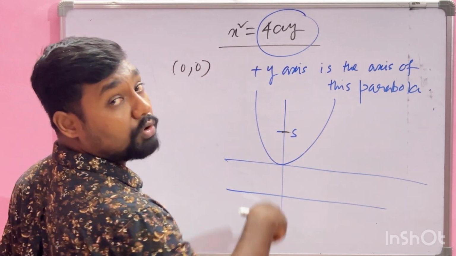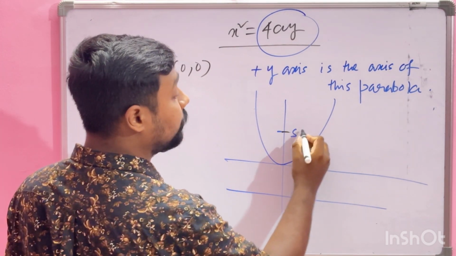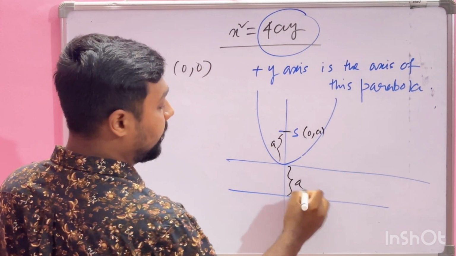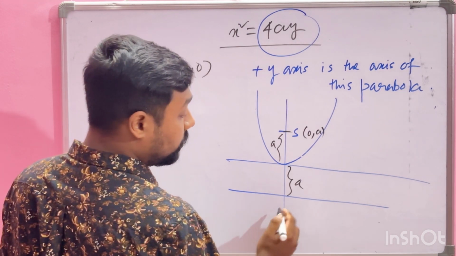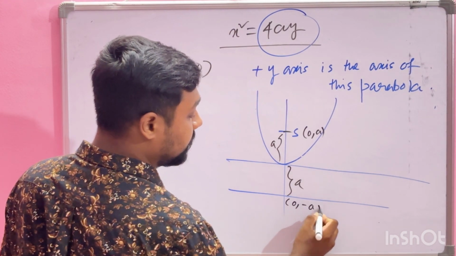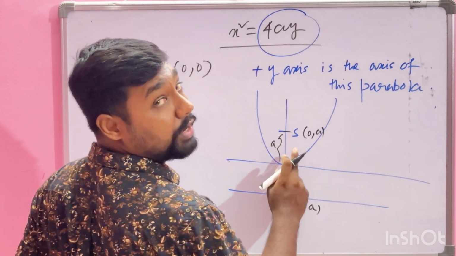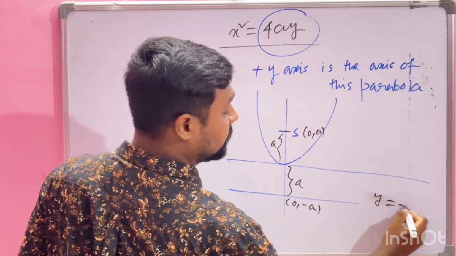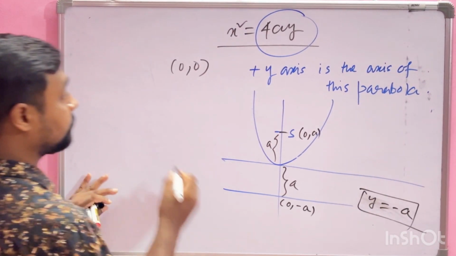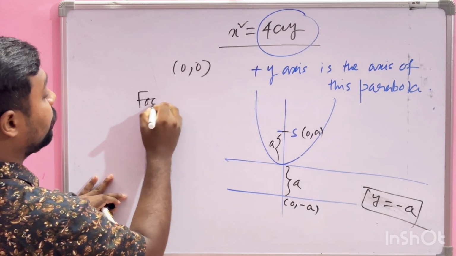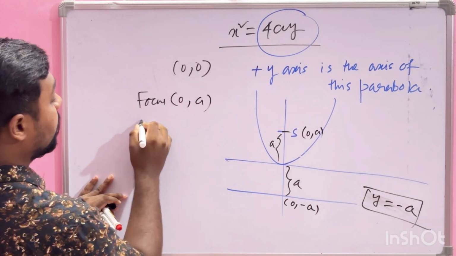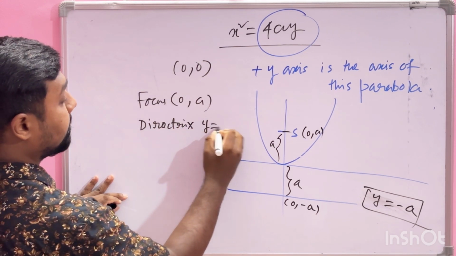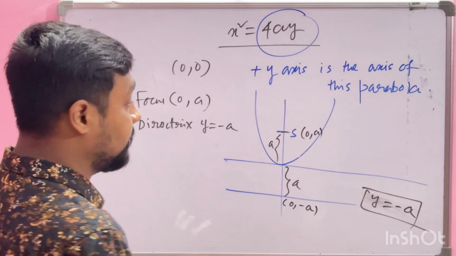See, since focus is on the y-axis, that means the coordinate of focus will be (0, a). So as this is a, this is also a, that means this point is (0, minus a). Now as directrix is parallel to x-axis, that means the equation of directrix is y equal to constant, that is minus a. So this is your directrix. Therefore focus is (0, a), and directrix is y equal to minus a.